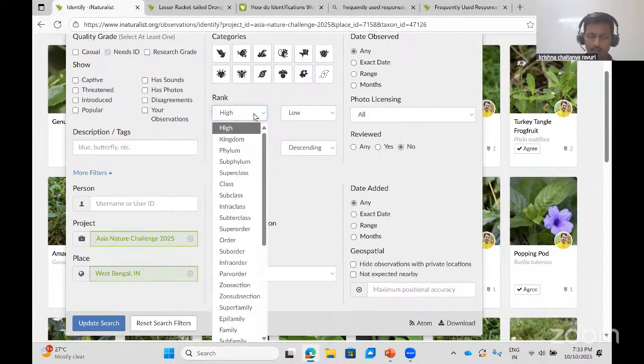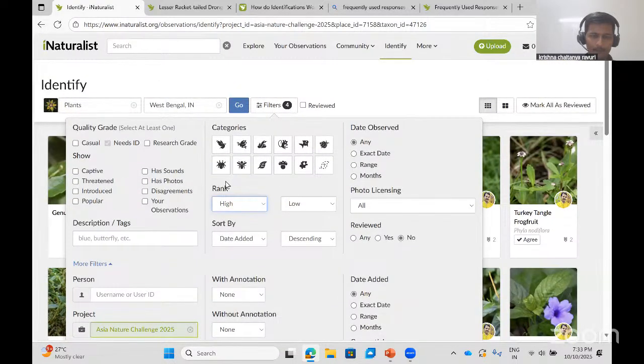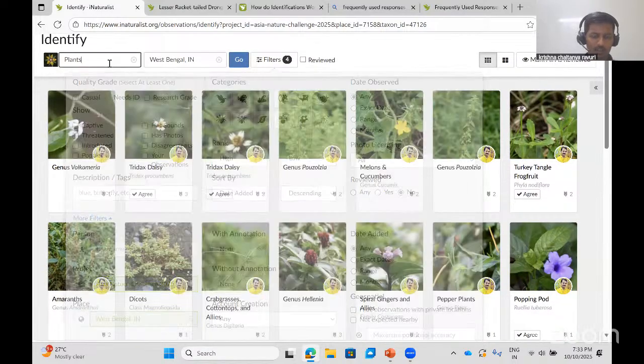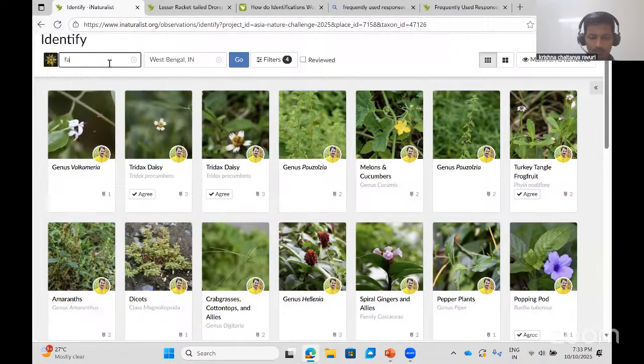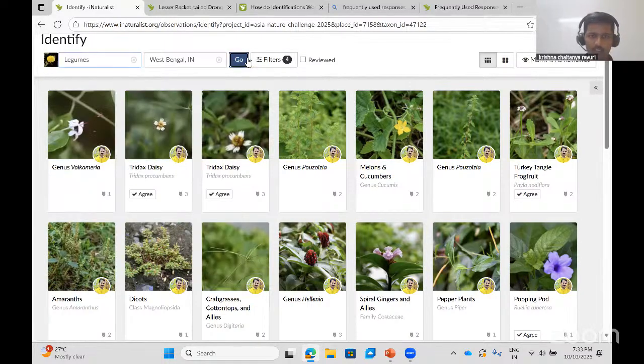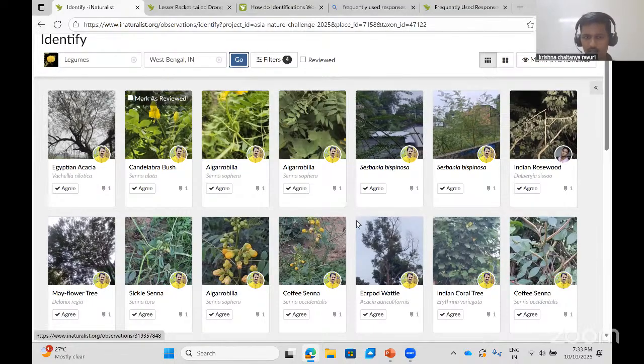Suppose you want to sort for plants in the legume family, you could just search by that family, and then you could again go through them and identify them. And I guess I'll switch to the presentation.